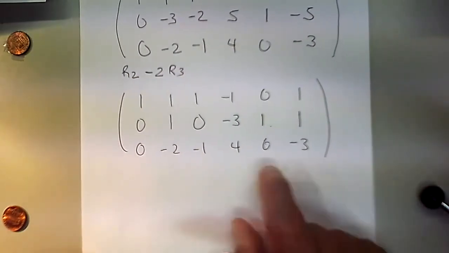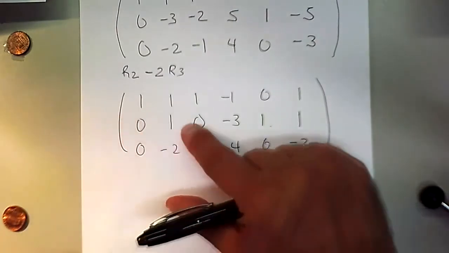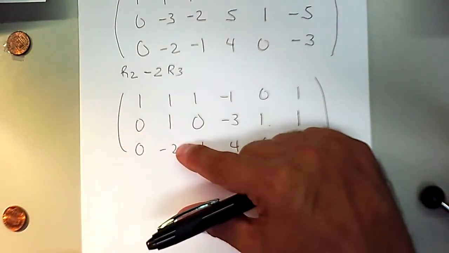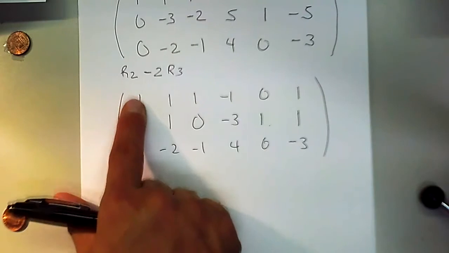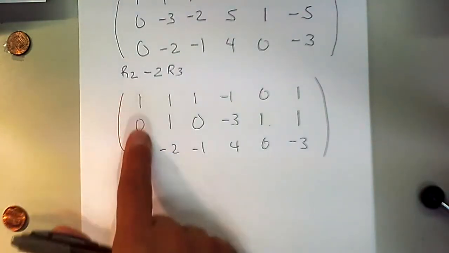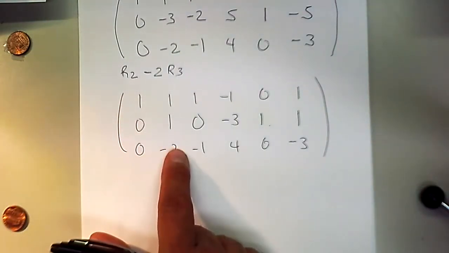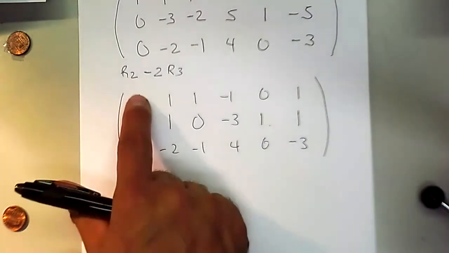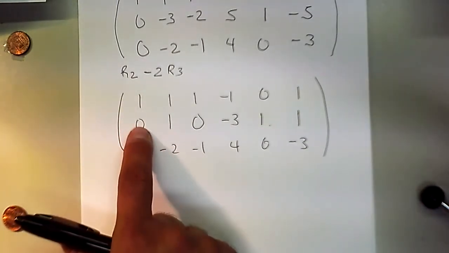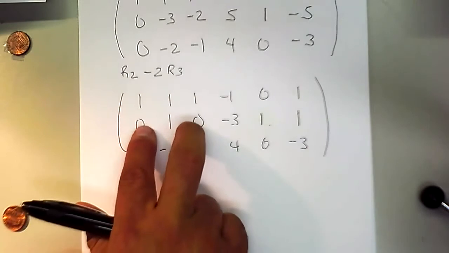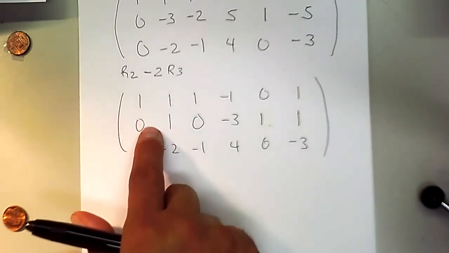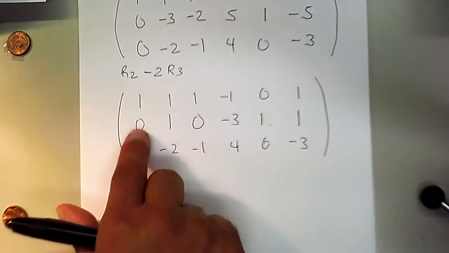Okay. So we are getting closer. Now we want to get rid of this 1 and that 1. And we want to make sure this column is completely done before we move on to the next column. Because if this column was not right and there was a non-zero number here, if we attempt to subtract row 1 minus row 2, well, that's going to create a problem here.